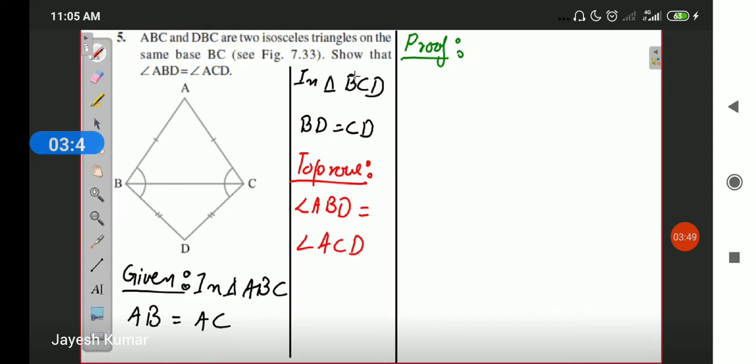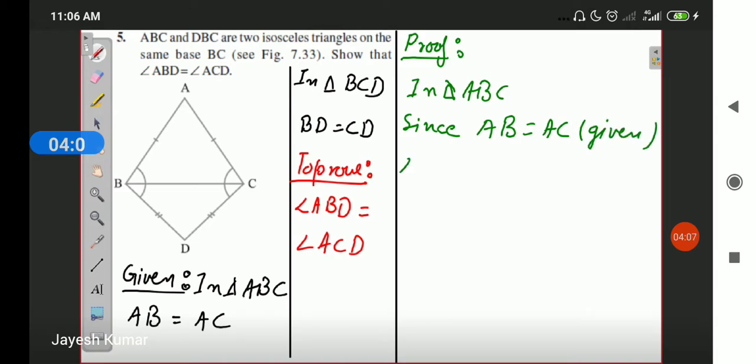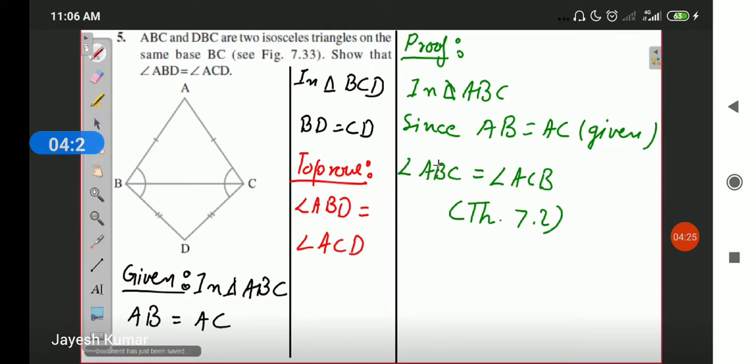For its proof, what will we say? In triangle ABC, since AB is equal to AC, which is given to us, we can say that angle ABC is equal to angle ACB. Why so? By using theorem 7.2. Theorem 7.2 states that for any triangle, the angles opposite to equal sides of a triangle are also equal.